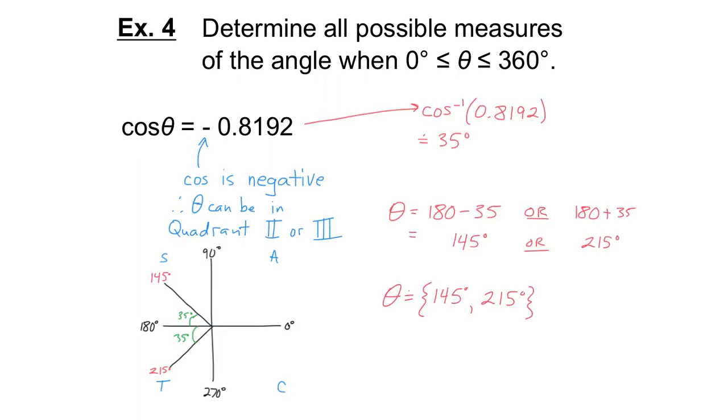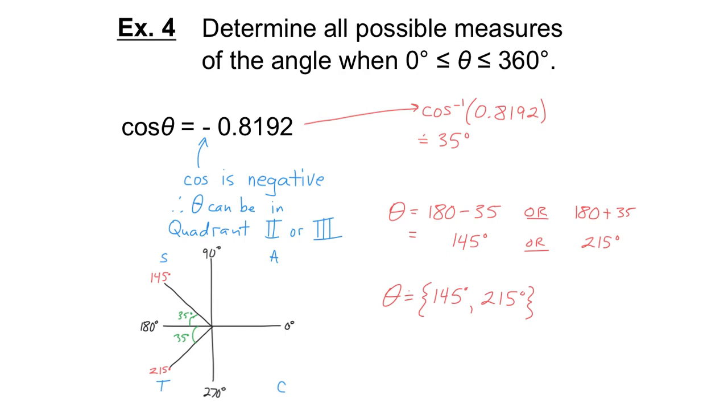Cosine is negative. So if I use my CAST rule, cosine is negative in quadrant 2 or in quadrant 3. The inverse cosine of this value is 35 degrees. Notice I just ignored the negative sign for now because I'm trying to find the angle in between the x-axis and the terminal arm. So it's 35 degrees between the x-axis and the terminal arm in each case.